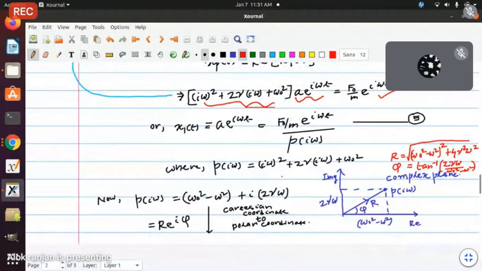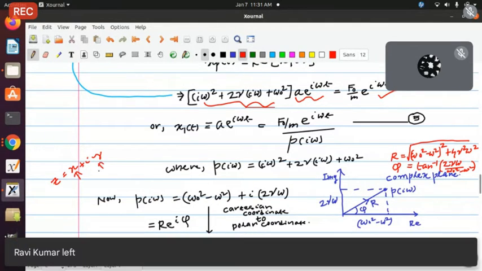Now, as you know, more or less about a complex number z, which is x plus iy. x is the real part, y is the imaginary part.